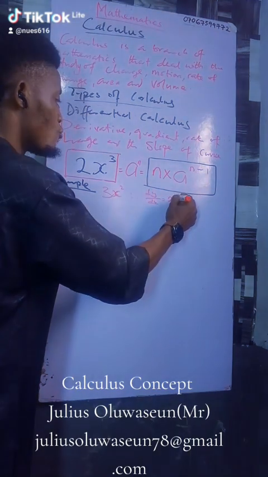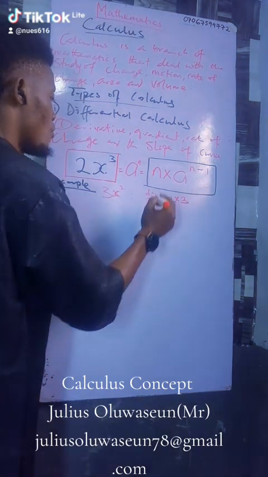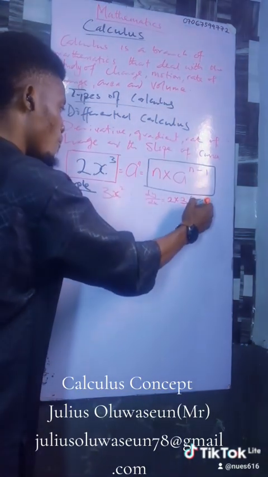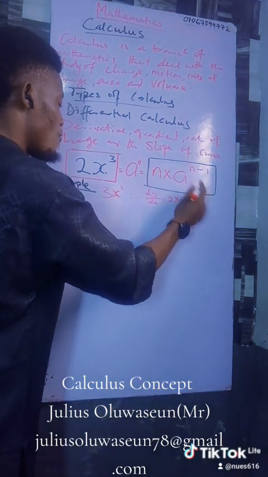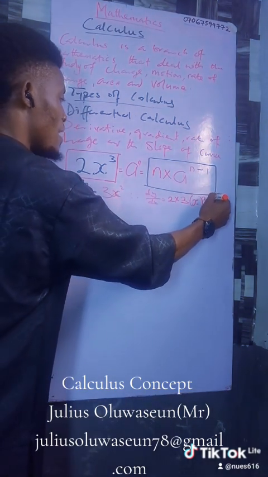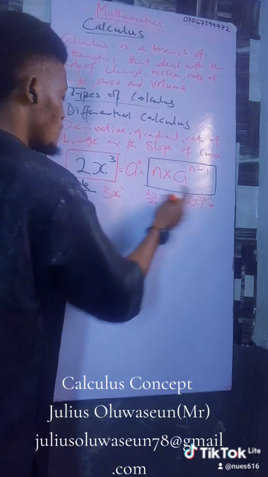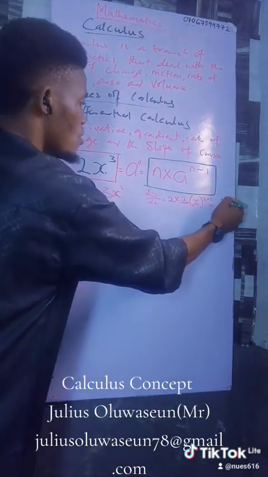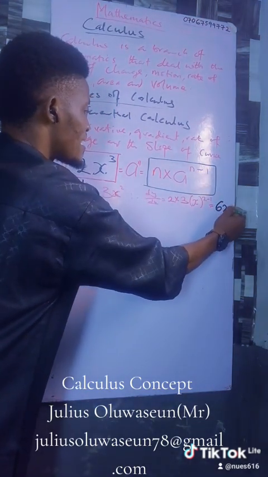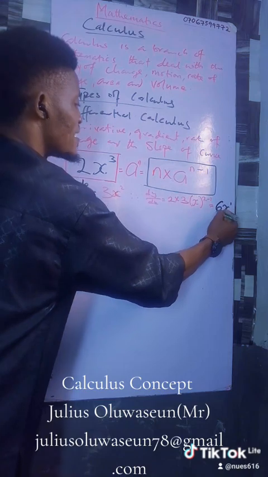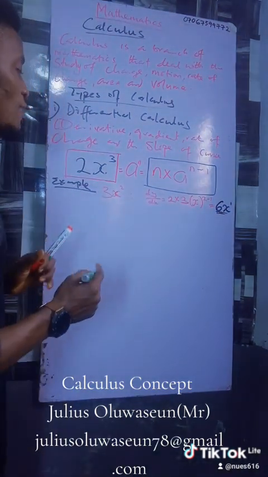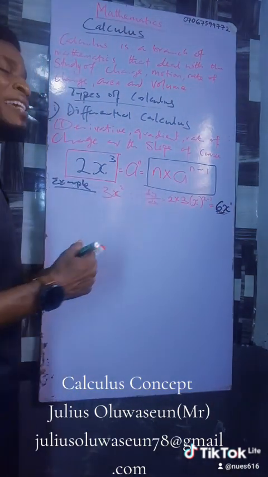So we have 2 times 3, times x power 2 minus 1. The end result is 6x power 1. This is the derivation.